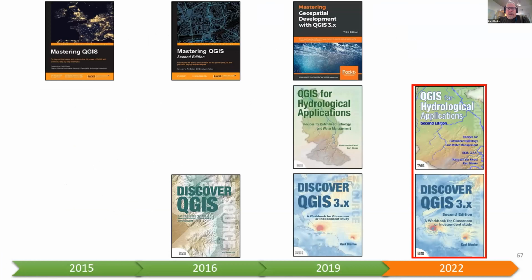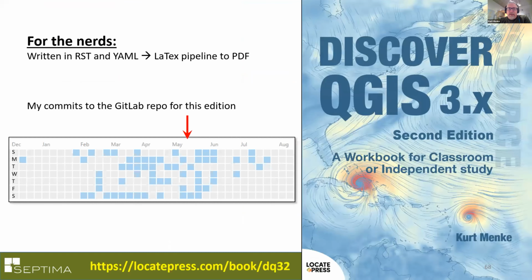So getting near the end here, this year, 2022, was also a huge year for books. At this point, it's hard to believe there's been 8. And this year is the 2nd edition of QGIS for Hydrological Applications and Discover QGIS 3.x. And for the nerds out there, I get asked, how long does it take to write one of these?